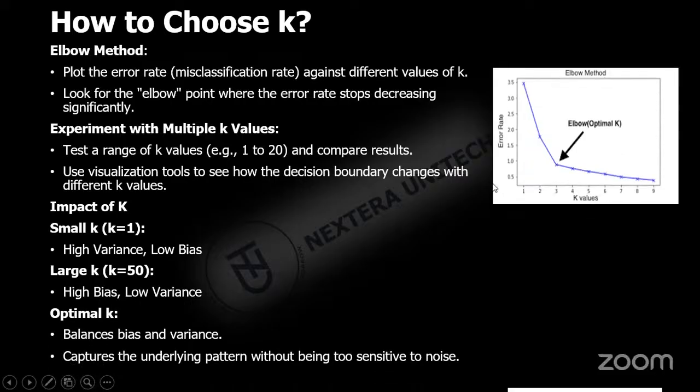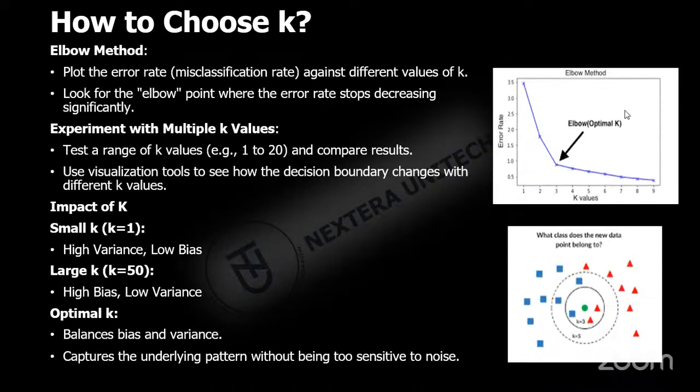What are the different techniques that we have in selecting K value? One is the elbow method. The elbow method is one way of selecting the K value. If you observe, this is an elbow plot or scree plot. Wherever you see that elbow will be chosen as the optimal K value.